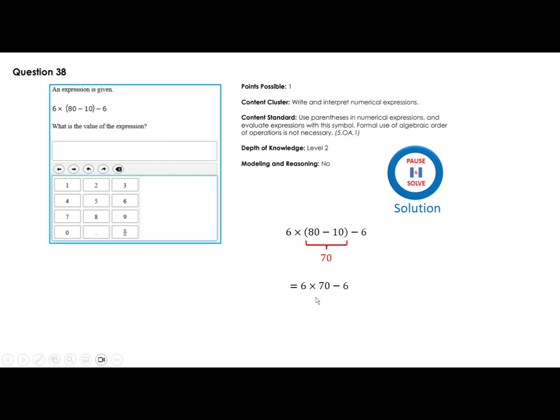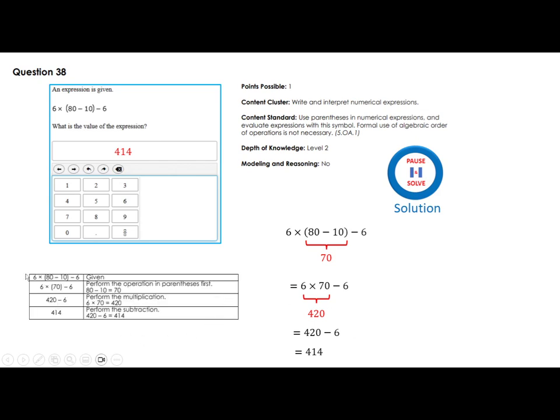Multiplication is stronger, so you do that first. 420 minus 6, 414. So that's what we did, okay? That's given. We first perform the operation in the parentheses, then perform the multiplication, then perform the subtraction.